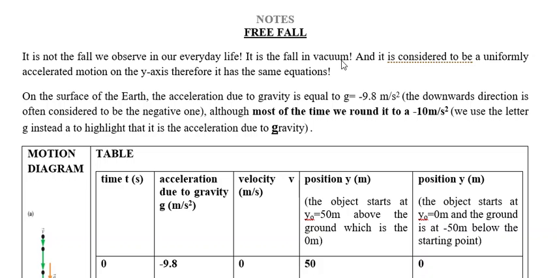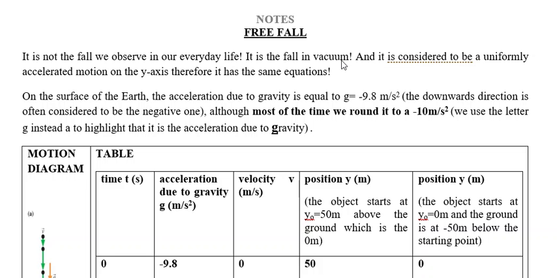We round it to 9.8, and we very often round it to 10 meters per second squared, so we make our life easier. The negative sign is used when we consider the upwards motion to be positive and the downwards motion to be negative.